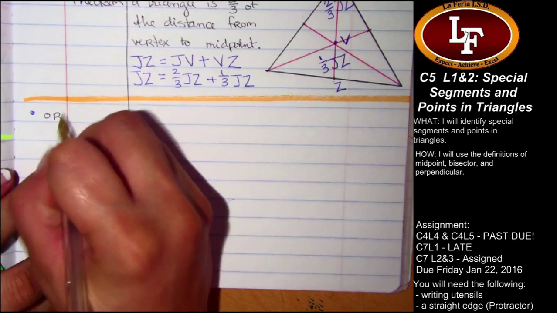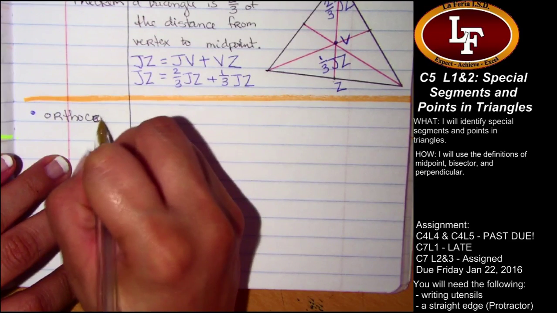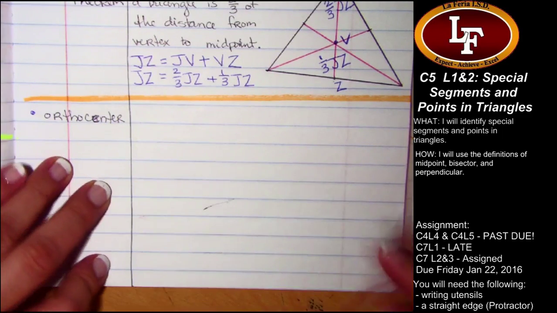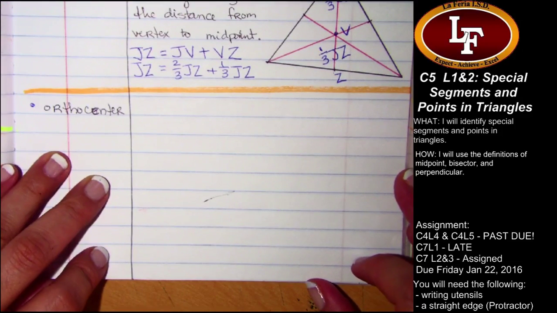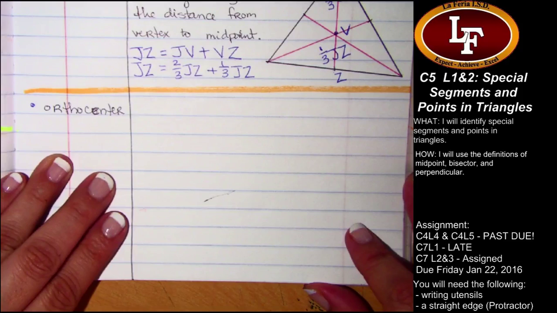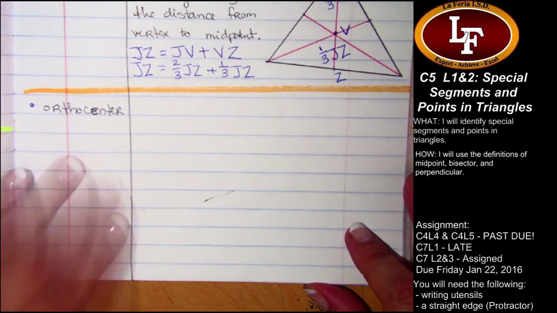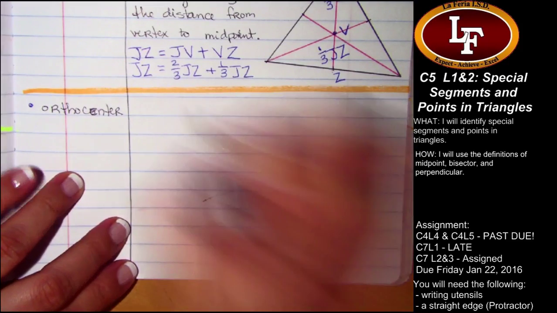The final special point in a triangle that we're going to be studying today is called the orthocenter. Yeah, math and these funny names. It is. Math is weird. Orthocenter. Okay, here's what the orthocenter is.